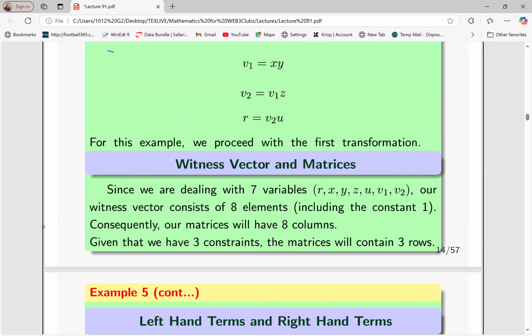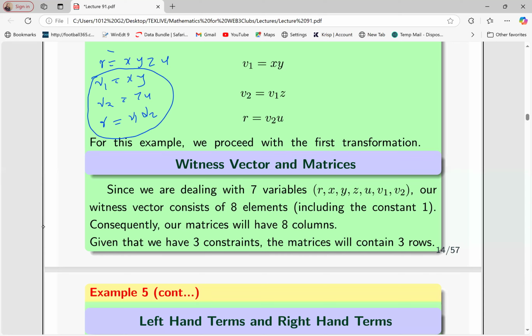R is equal to X, Y, Z, U. And we said, let V1 be X, Y, let V2 be Z, U, so that R now becomes V1 times V2. So these are our constraints.